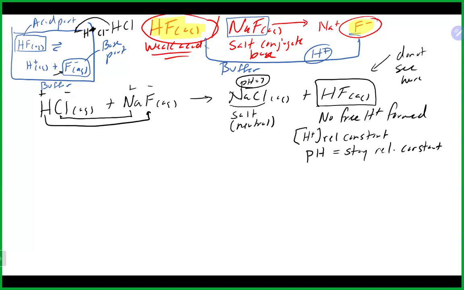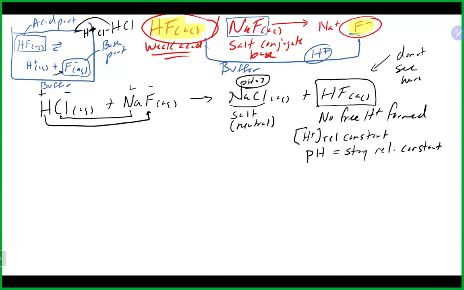I say relatively constant because if you threw a pH meter into your buffer solution, you would actually see the pH go down a little bit, but it would not jump really far. So for example, if the pH was 5, the pH of your buffer would come down maybe to like 4.9 or something like that.